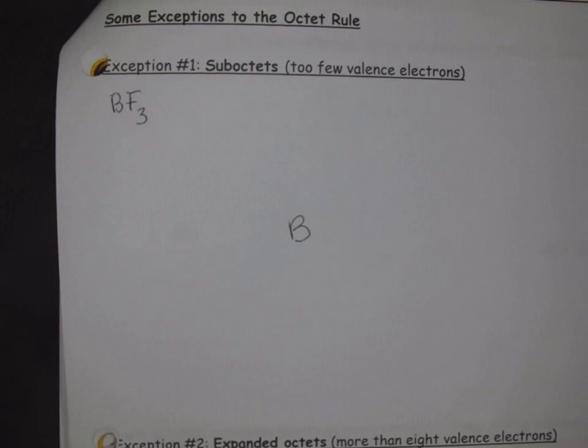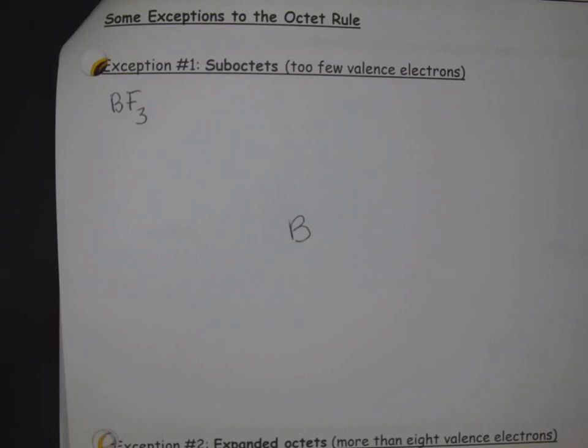Okay. Something I've noticed as I've been doing Lewis dot structures for years and years, and this goes right along with formal charge, which we'll learn about next time, is that the octet rule doesn't seem to be quite as influential as looking at the amount of valence electrons and not exceeding that, okay?